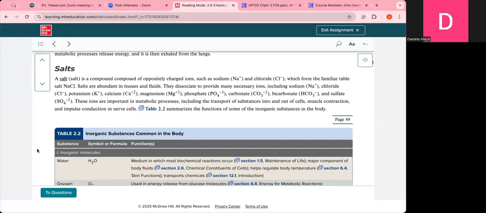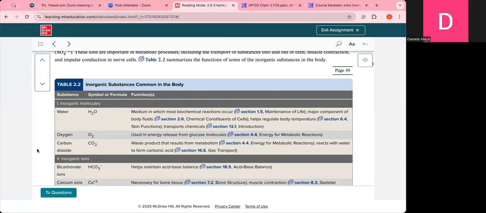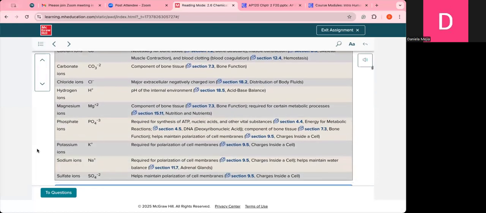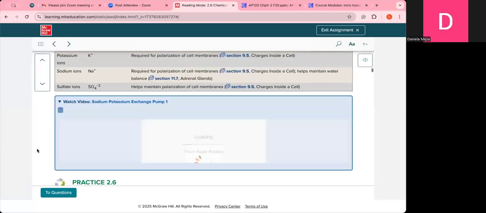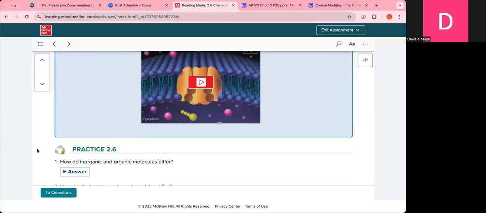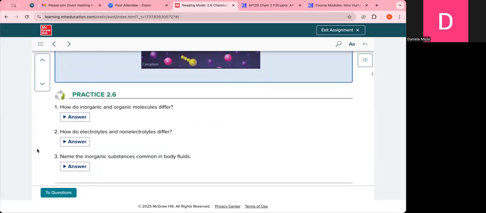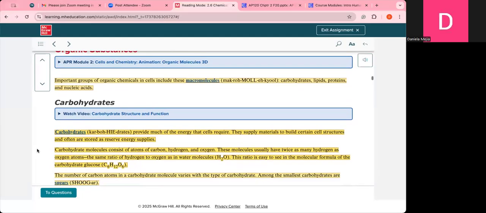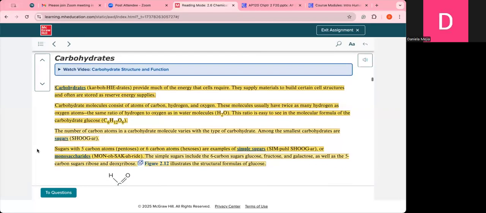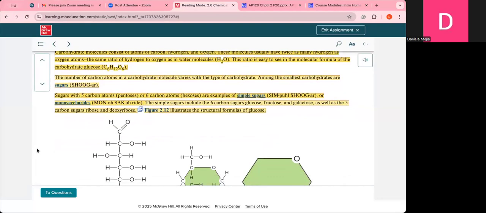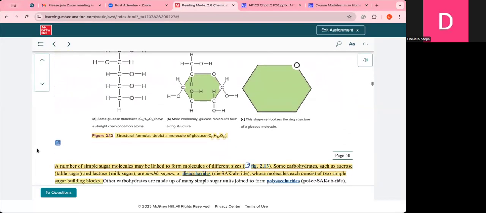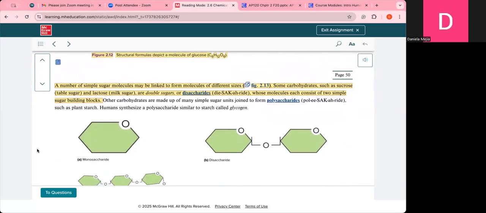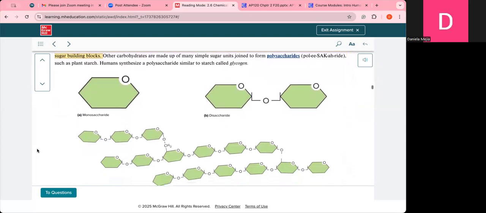I need to see what's most common in the bloodstream. But I think these are the most common. This is about carbohydrates. We're not reading about carbs right now.